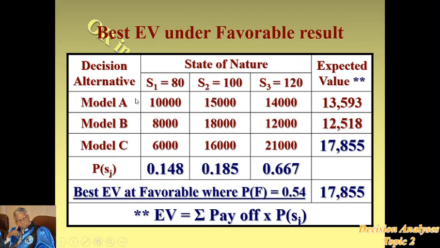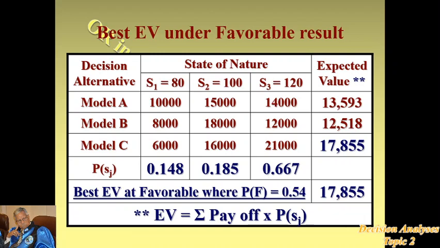Our decision alternatives are model A, model B, model C. The payoffs are 10,000, 15,000, 14,000, 8,000, 18,000, 12,000, 6,000, 16,000, 21,000 from the previous example. The posterior probabilities of favorable are 0.148 for 80 customers, 0.185 for 100 customers, 0.667 for 120 customers.